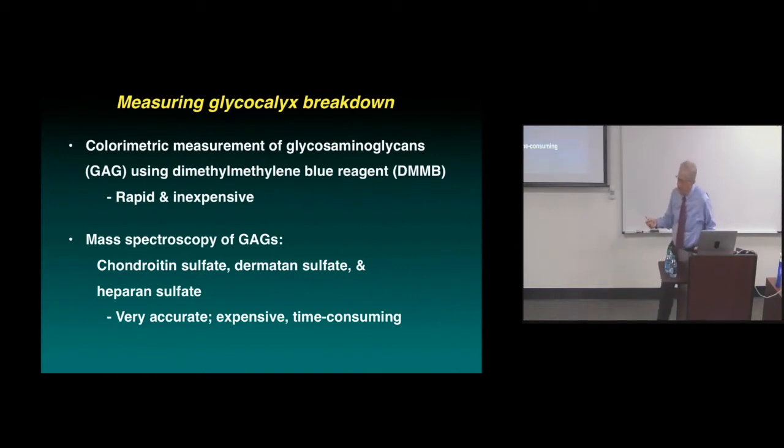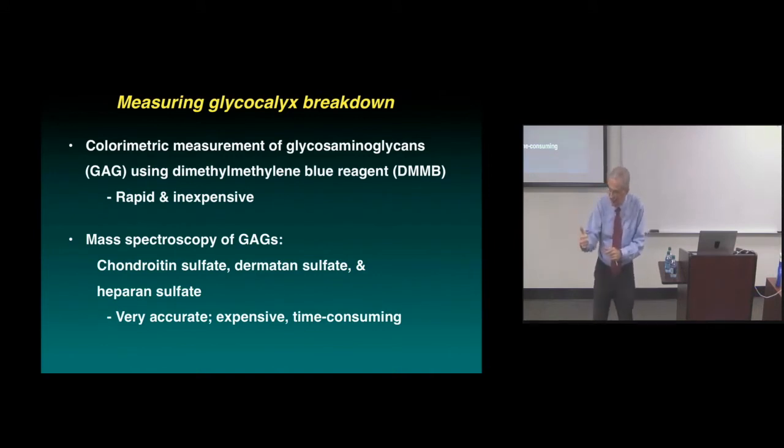In addition to that, you can get data that I think is more quantitative. That is, you can measure the release of these glycosaminoglycans from the damaged glycocalyx. And there's a colorimetric assay where we add this dye that will bind to sulfated glycosaminoglycans. It's like a microtiter plate assay, if any of you ever worked in the lab. So the 6 millimeter diameter wells that hold like 0.2 ml.